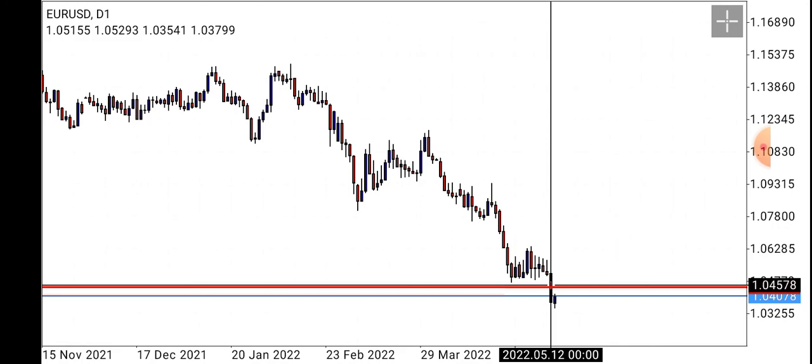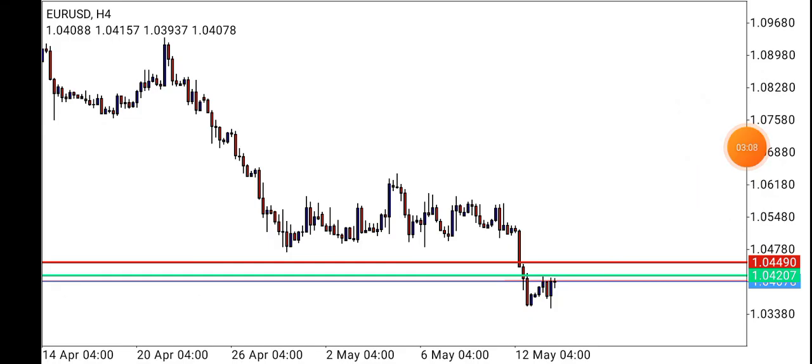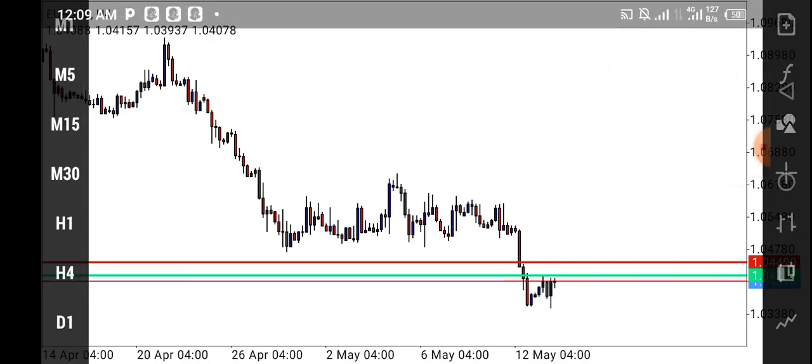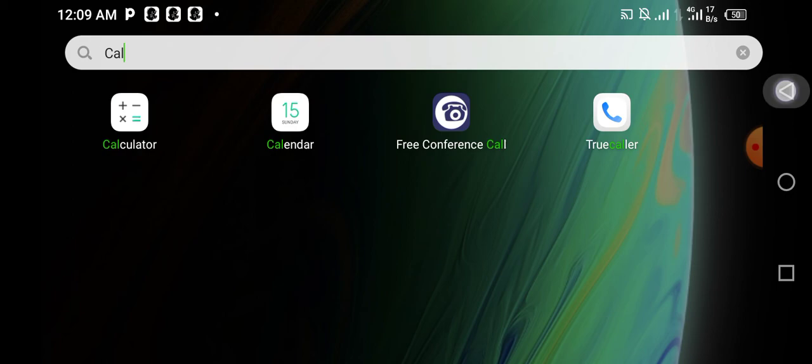I don't want this to be too long, that's why I have to pause it, do the calculation, and apply my horizontal line. So I've gotten the daily pivot.